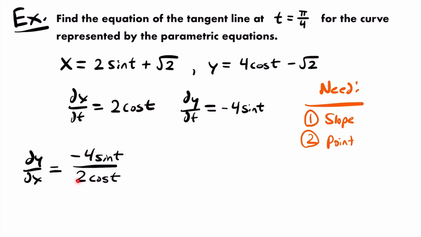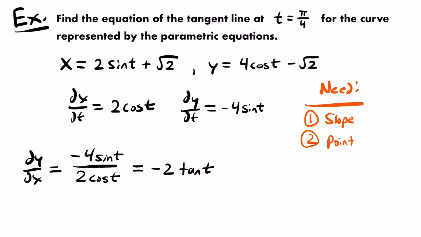Negative 4 divided by 2 is equal to negative 2. So this will be equal to negative 2, multiplied by sine divided by cosine. And if you remember your trig identities, sine divided by cosine is the same as tangent. So instead of writing sine divided by cosine, we'll just write tangent t. And so negative 2 times tangent t is dy/dx, the derivative of our parametric equations.